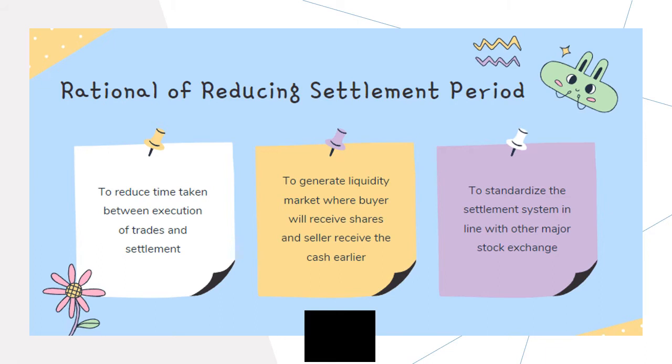Bursa Malaysia has reduced from T plus 14 to T plus 10. Again, it still cannot achieve an efficient and effective business transaction. So from T plus 10, they reduced it again to T plus 5, due to technological advancement and so on.